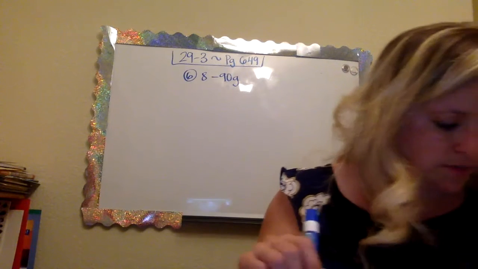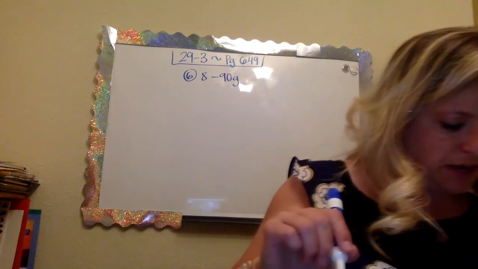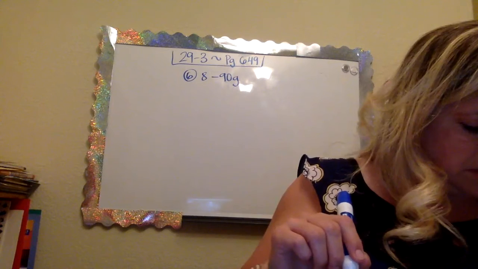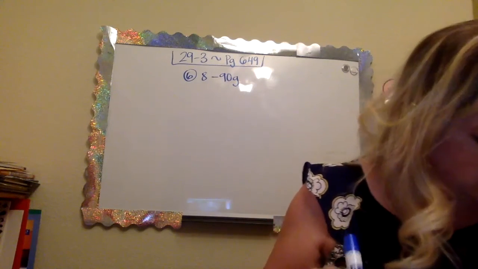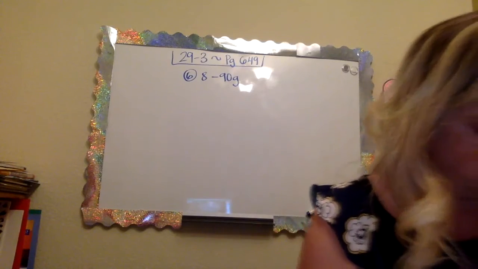Okay, so 8 packs of pretzels are in a paper bag. Each pack of pretzels is 90 grams. The bag is 85 grams. What is the mass of the paper bag with the pretzels in it?